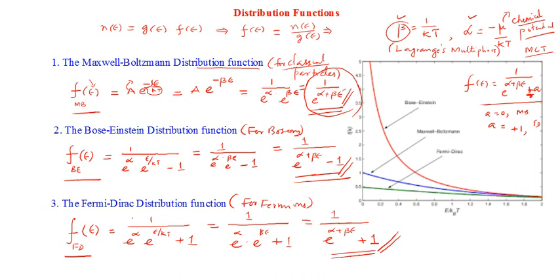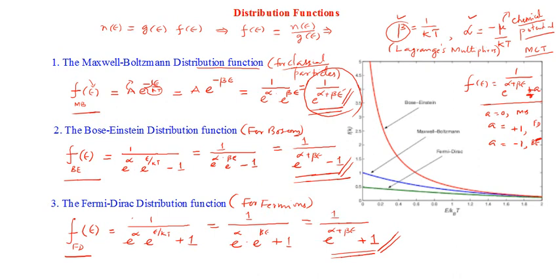And when a is equal to minus 1, you get Bose-Einstein. So this plus 1, minus 1 makes the difference.